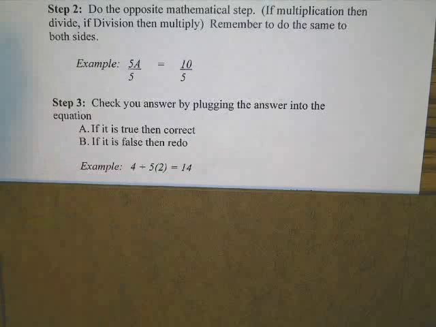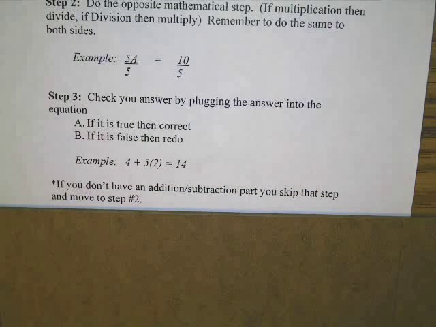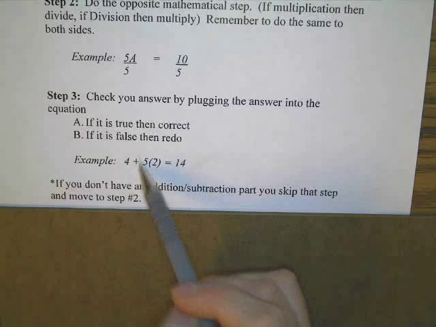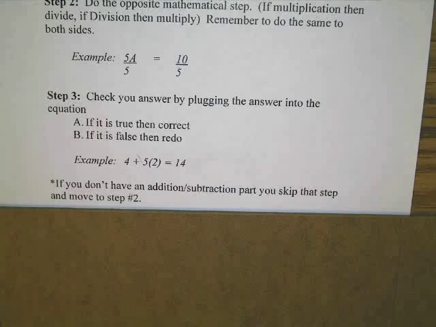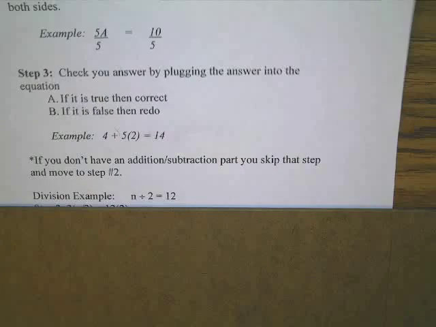All right, here's a division one. If you don't have an addition or a subtraction, so this part isn't there, you would just go right ahead to step 2. So it becomes a 2-step problem versus a 3-step problem. Everyone understands that? All right, so here's our division example.